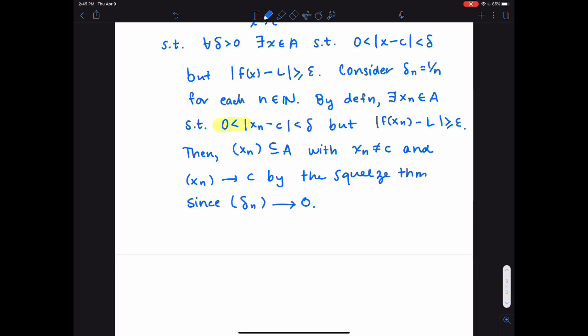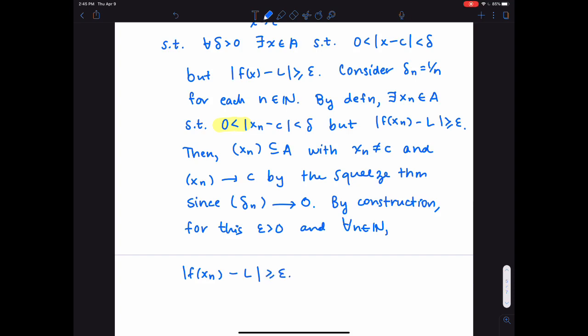So we have that condition, but now what we need to demonstrate is that f of xn does not converge to L. Now, by construction, for this epsilon greater than 0, and for all n in the natural numbers, |f of xn minus L| is greater than or equal to epsilon.